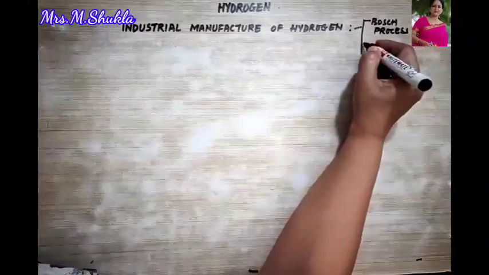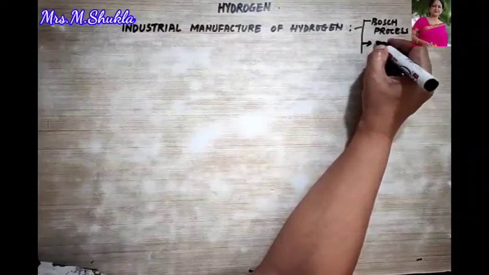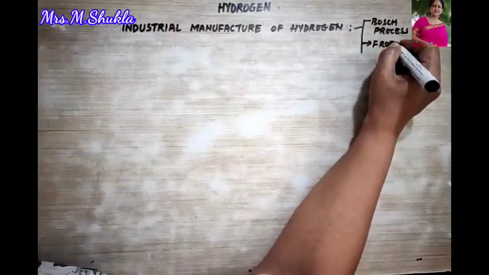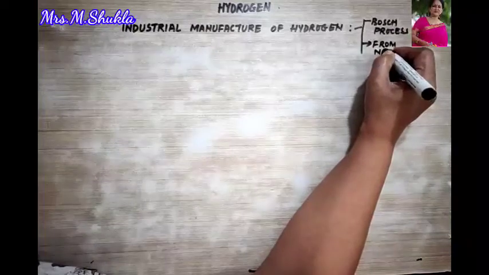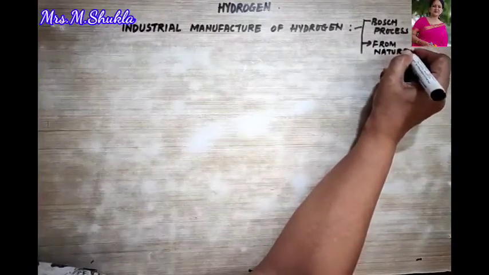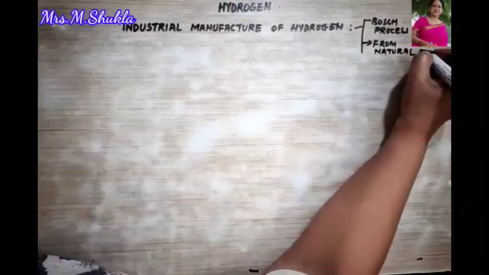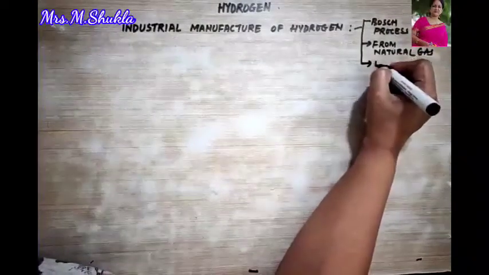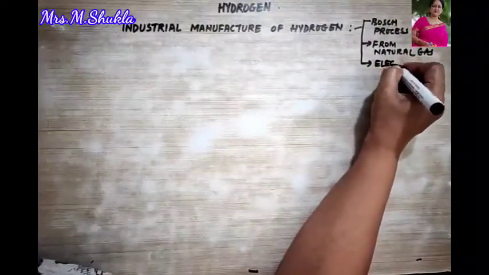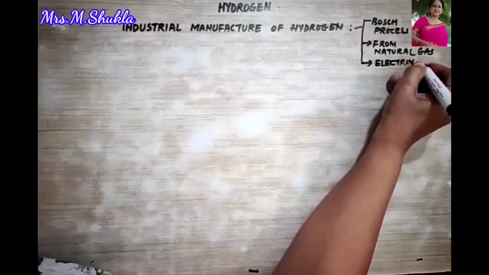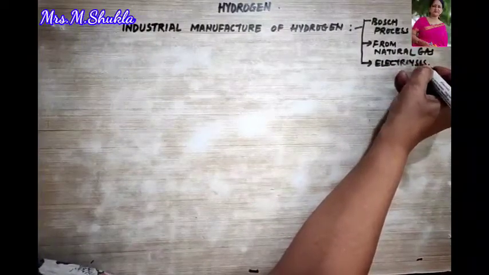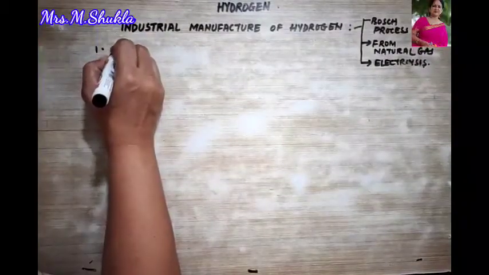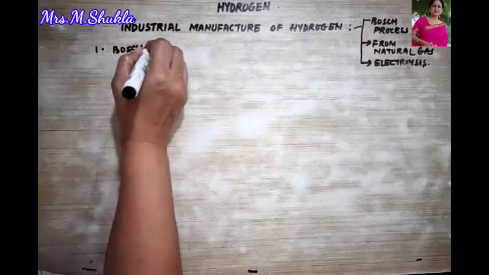Then we also have to study the industrial manufacture of hydrogen from natural gas, right? And the third method is by electrolysis. So all these methods we are going to study today. Let us begin with the first method, that is the Bosch process.